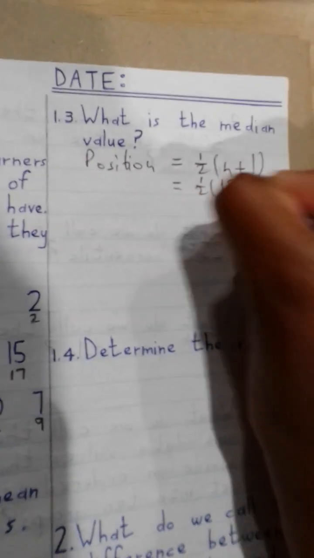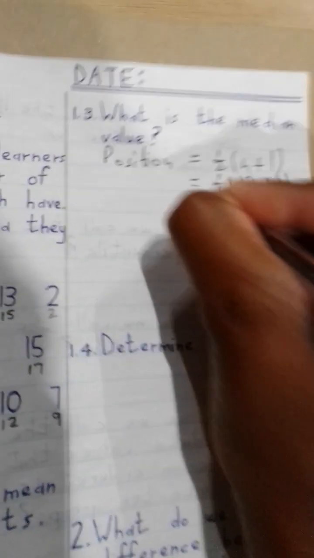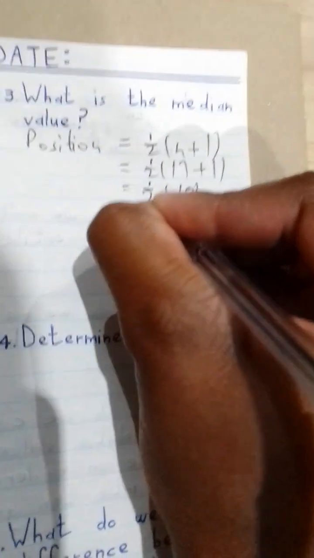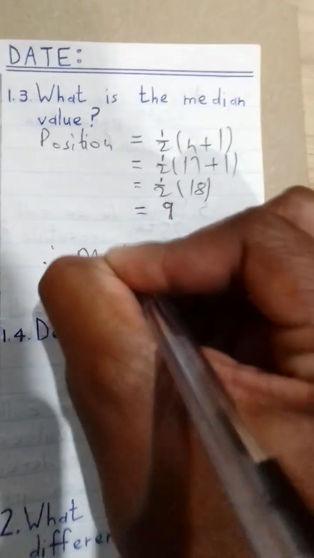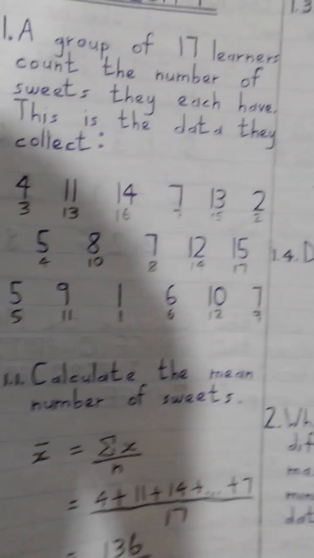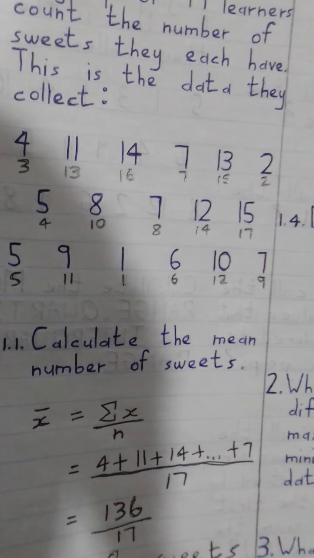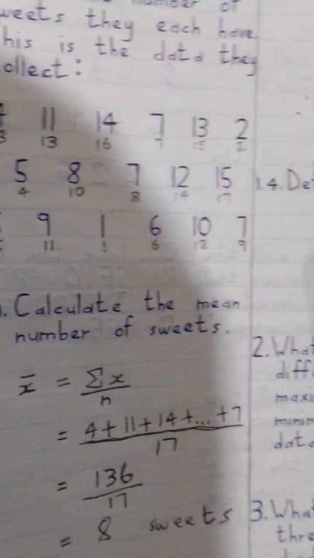N is 17 plus 1, 18. The median is in position number 9. Position number 9, which value is position number 9 here? 7. So the median is 7.